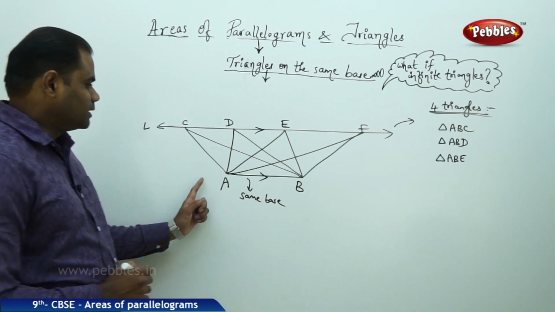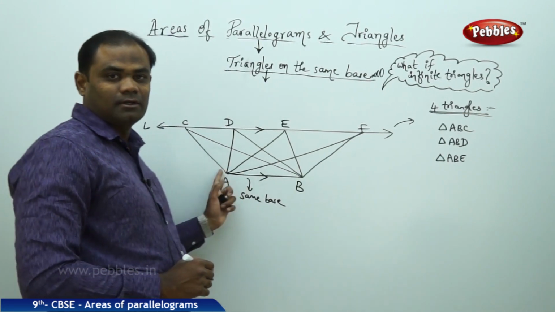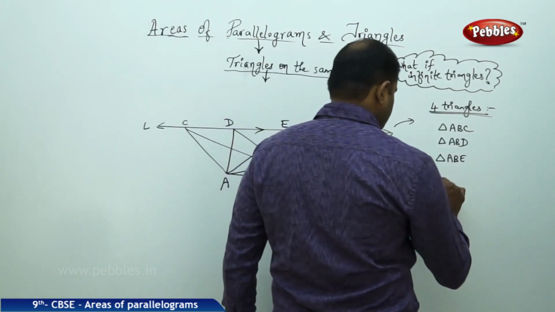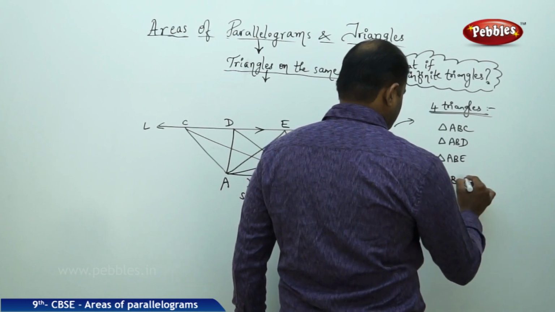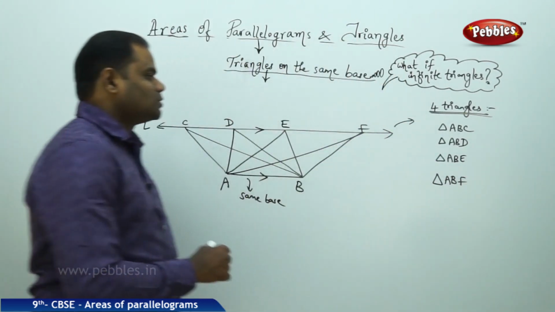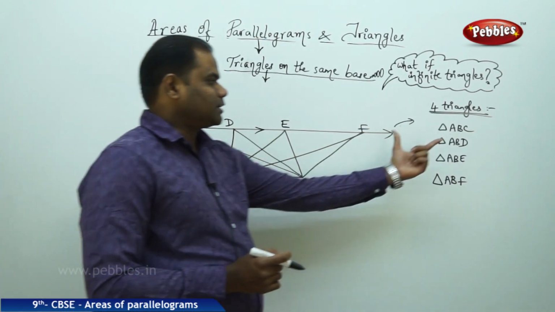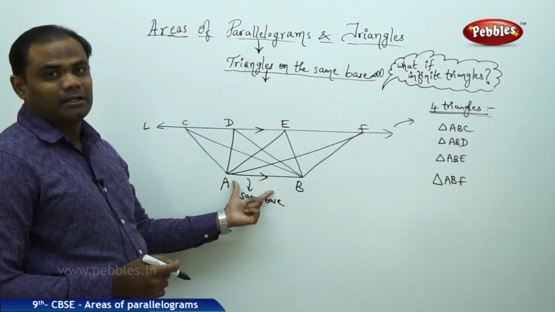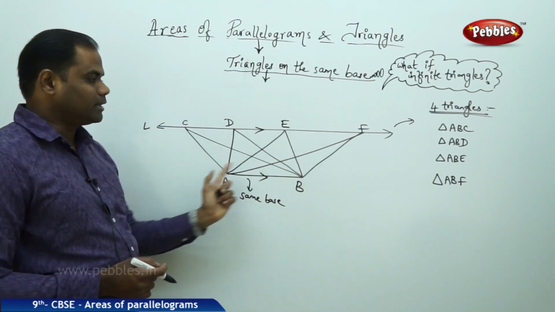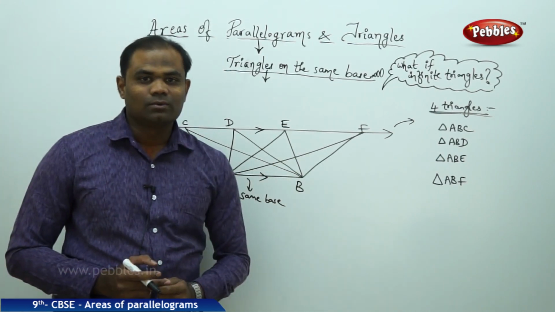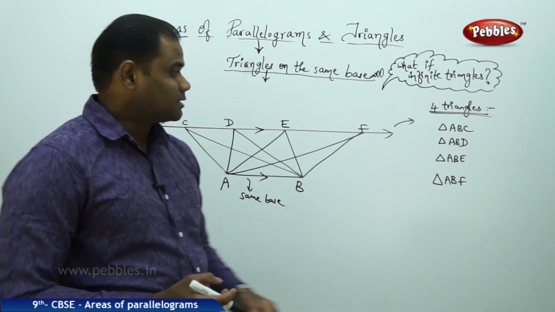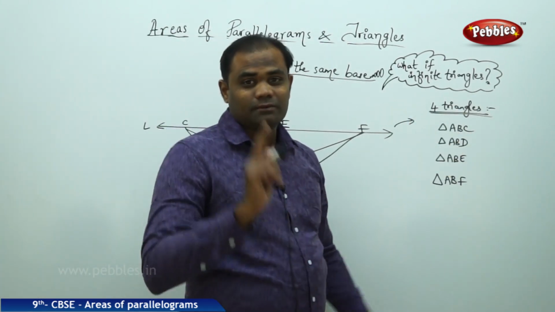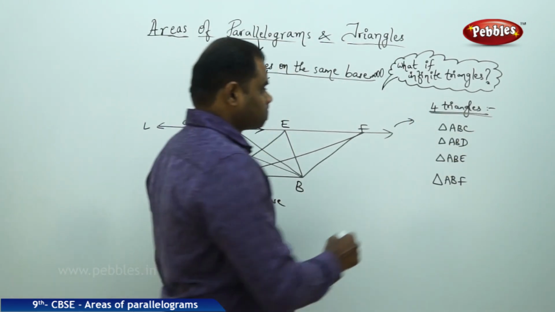And the fourth triangle is ABF, as taken here. So these are the 4 triangles which I have taken with the same base AB and between the parallels L and AB. So we have more than 2 triangles, that is 4 triangles out here with the same base AB.